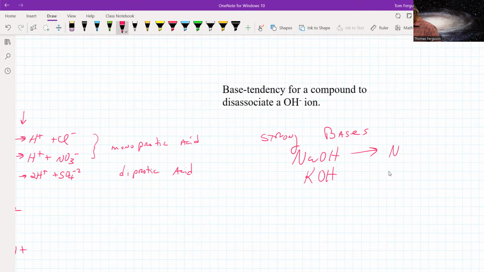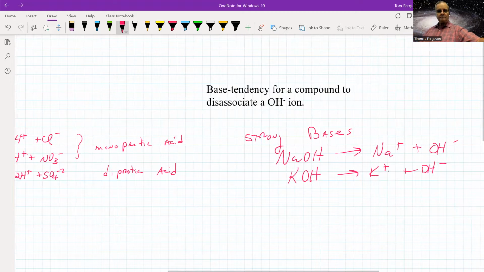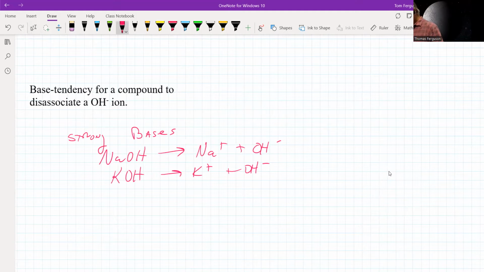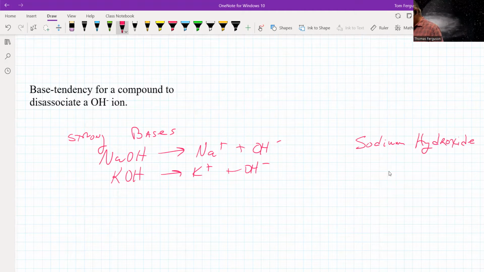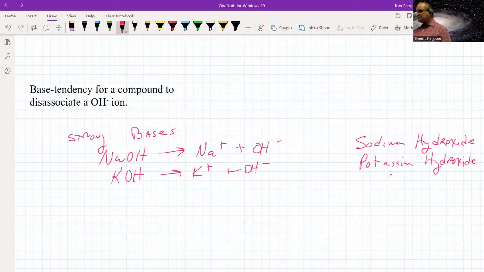One arrow. Okay, so there's sodium and potassium hydroxide, strong bases.